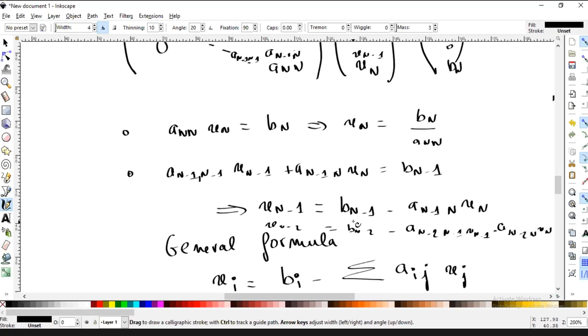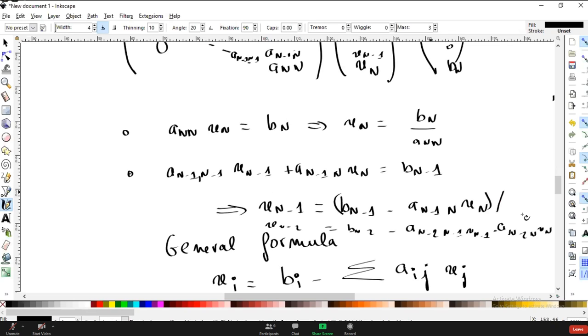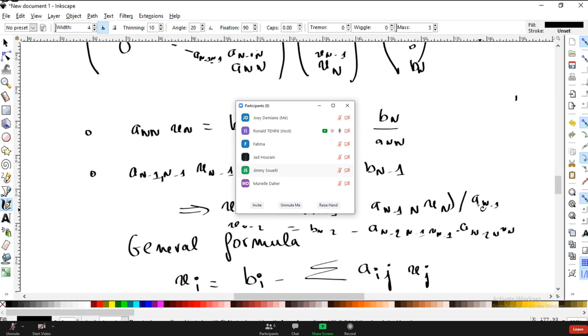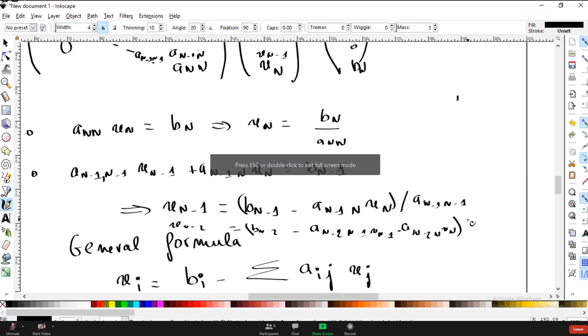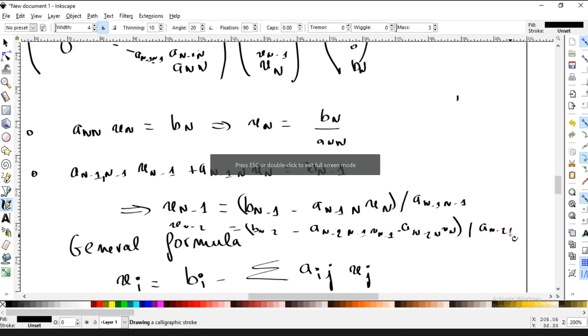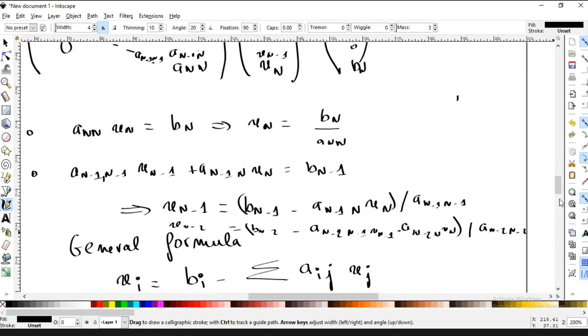Here it's divided by a(n-1)(n-1), and here by a(n-2)(n-2).